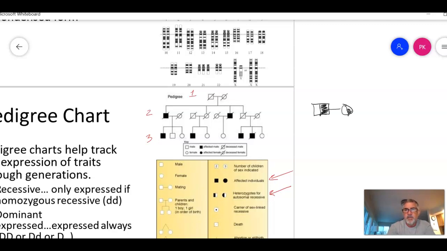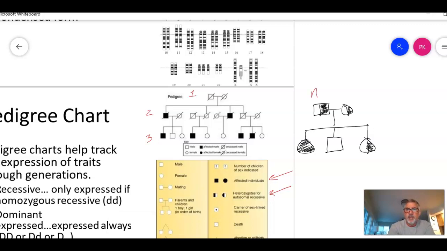And they had 3 offspring, and we did genetic studies on those offspring.